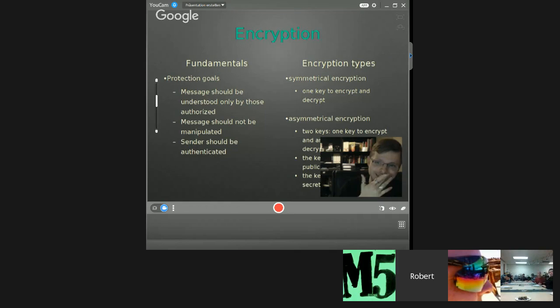Mostly the key to encrypt is a public key and the key to decrypt is a private key. So you can just give your public key away and everyone can encrypt their information with it, and you are able to decrypt the data with your private key. And as long as your private key is secret, no one other than yourself can decrypt the data.